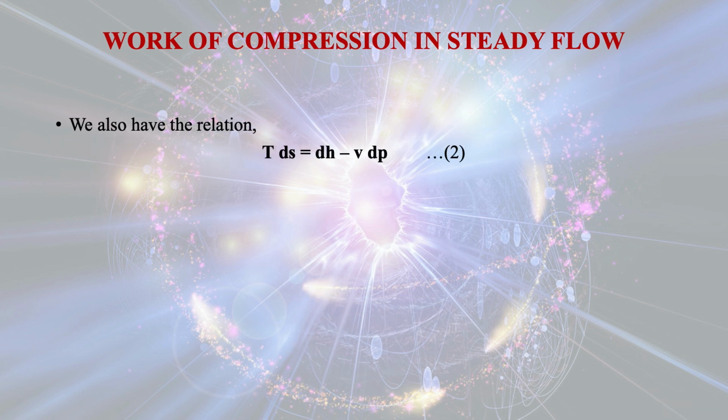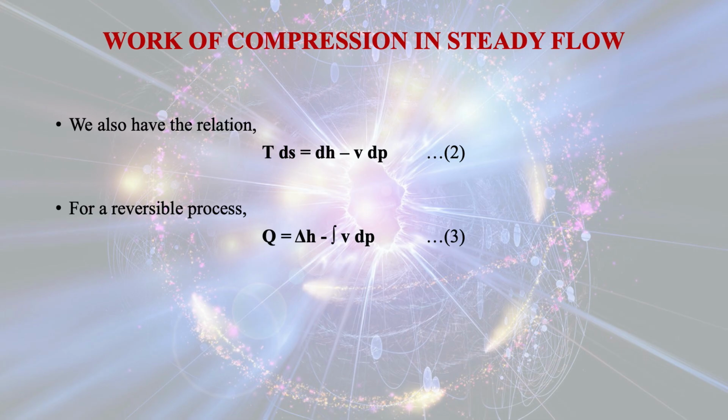We also have the equation TdS is equal to dH minus V dP. This we have elaborately explained in our earlier lecture. And for a reversible process Q is equal to del H minus integral of V dP.